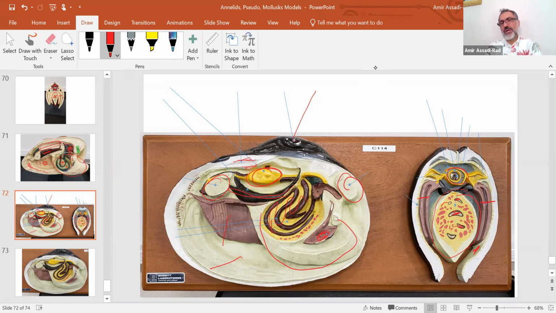That would be your heart, of course, pericardium in here, and heart in here, and inside of the heart is intestine, and kidney underneath.